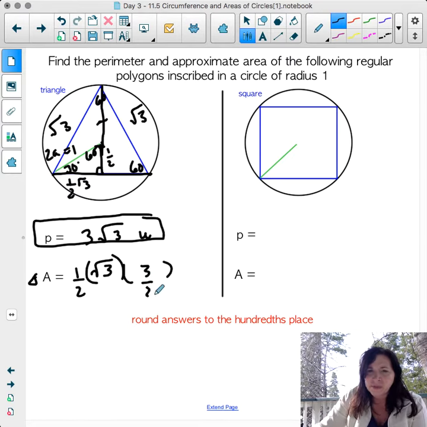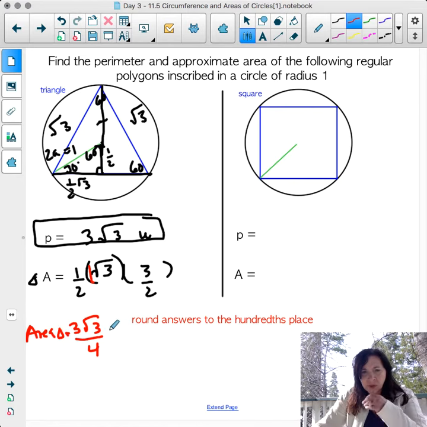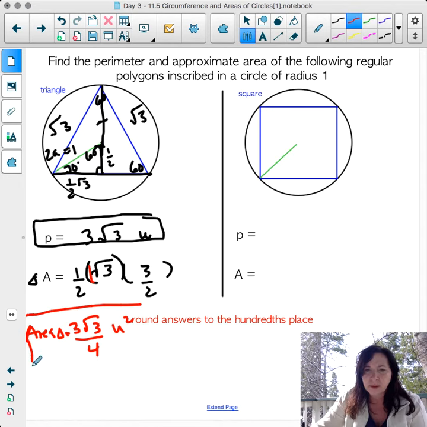I'm not going to cancel anything out here. I'm going to end up multiplying numbers with numbers. So this 3 is actually going to multiply by this 1 in front of the root. So 3 times 1 times 1, which is 3, √3 over 4. And that's the area of the triangle that's inscribed, and that's units squared. Okay.